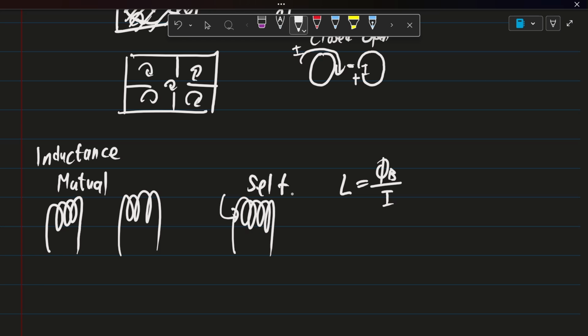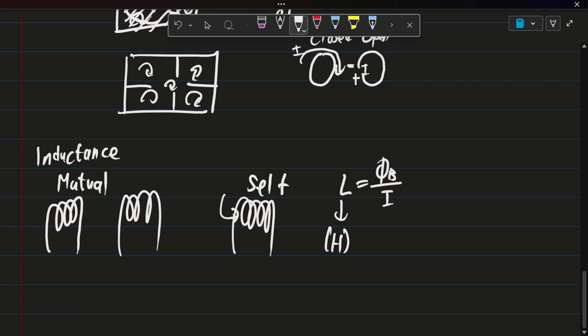If there is a higher current but a lower magnetic flux, it means that it has lower self-inductance, and vice versa. So this quantifies how big the change of the current into magnetic flux is. And the unit is called the Henry, which is Tesla meter squared over ampere.